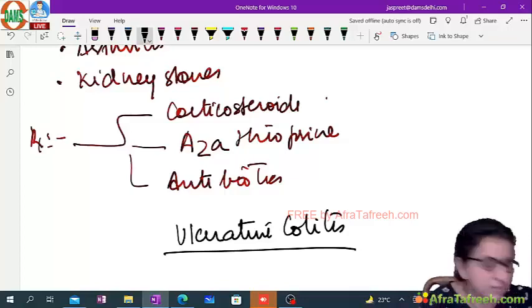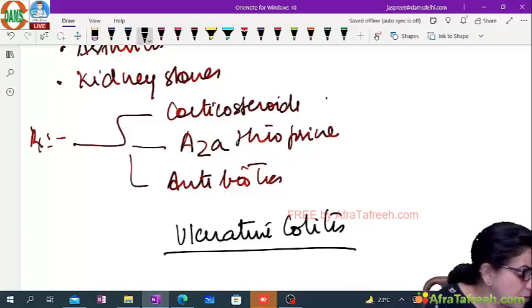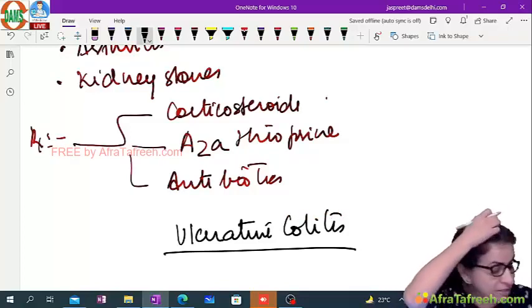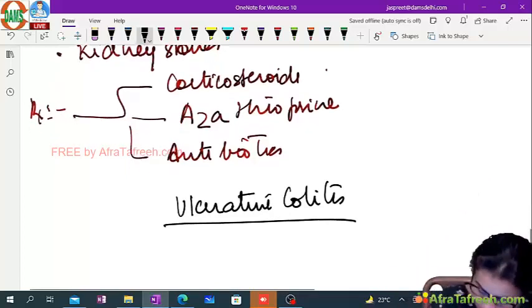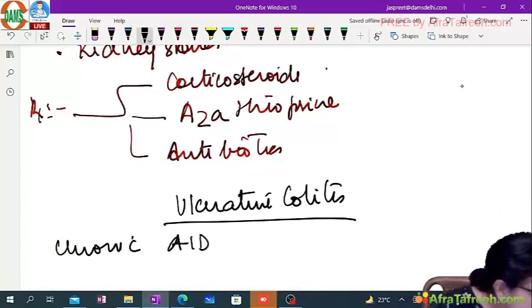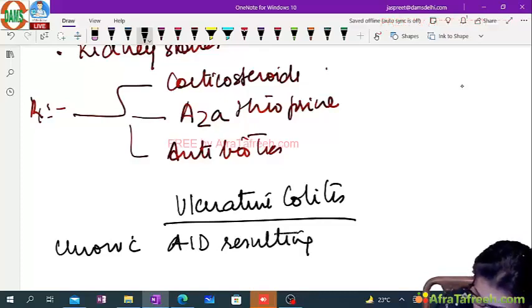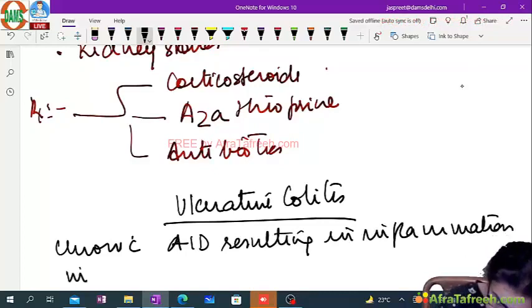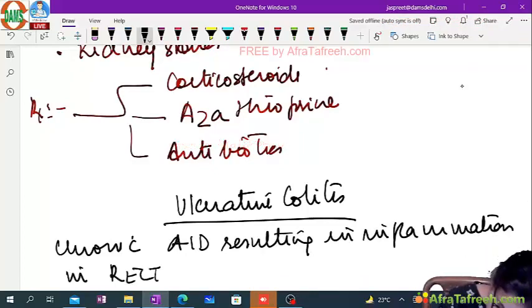Like Crohn's disease, it is a chronic autoimmune disease which causes inflammation and ulceration in the colon and rectum.